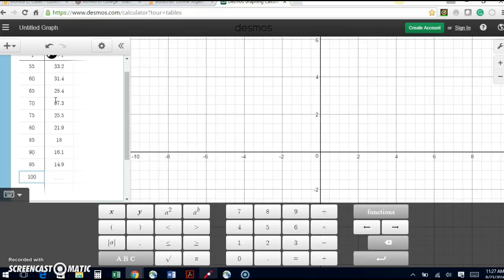Year 2000, which should be 100 years from 1900, be 13.5, and 105 would be 12.5.